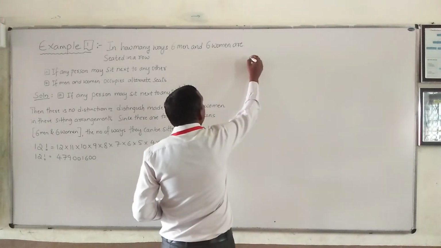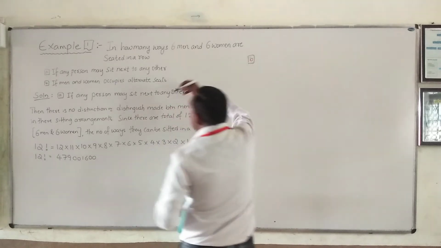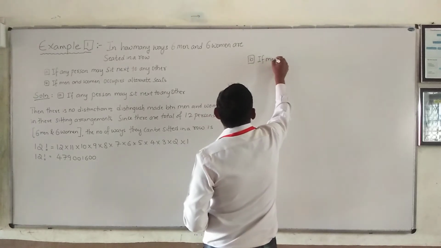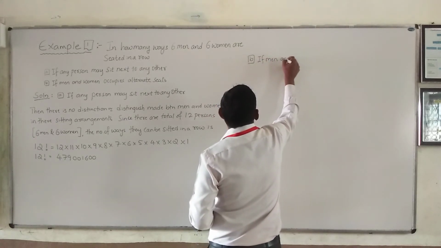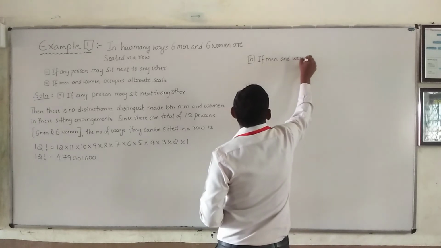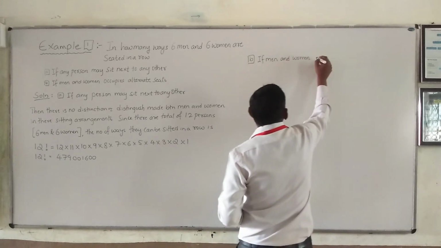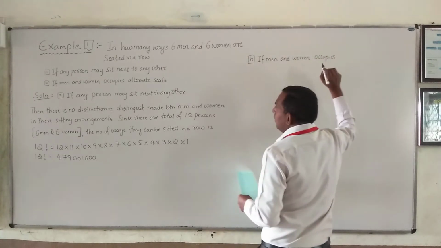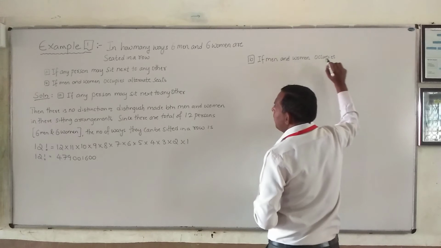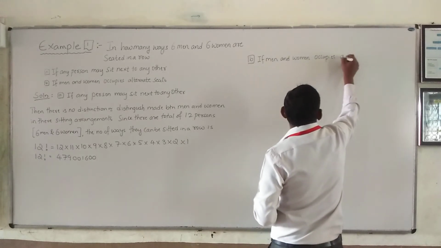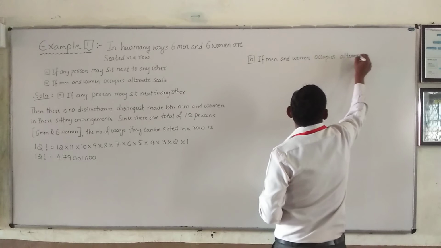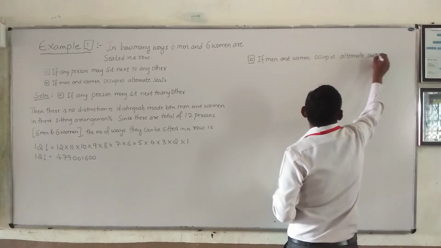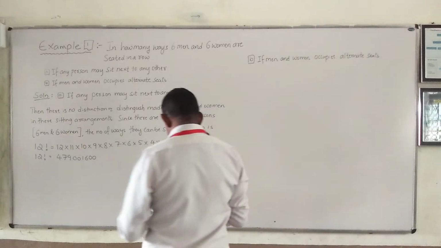Next comes B. What is B here? If men and women occupy alternate seats. So what happens?